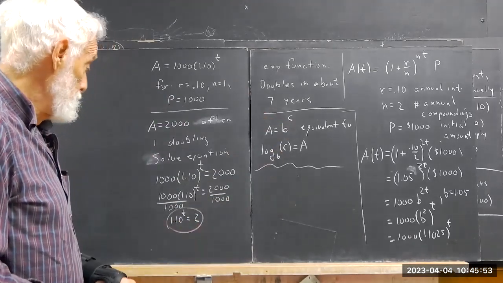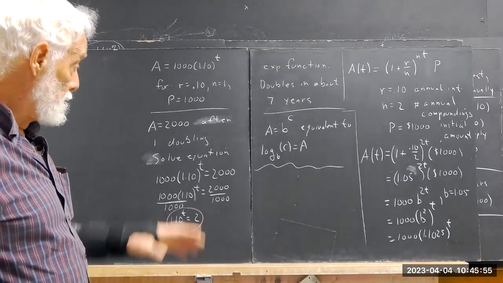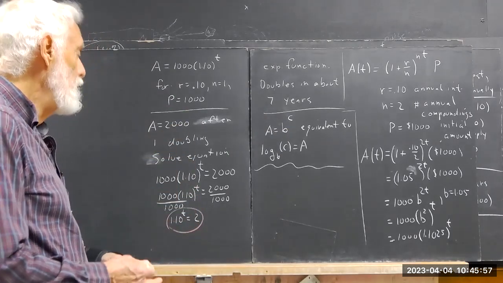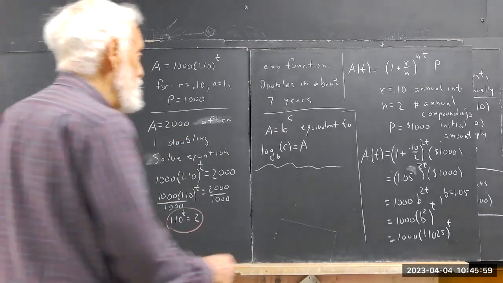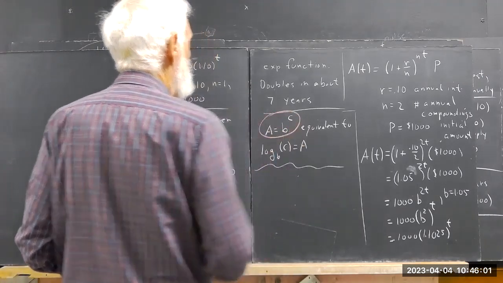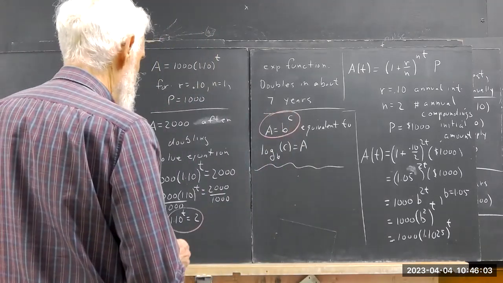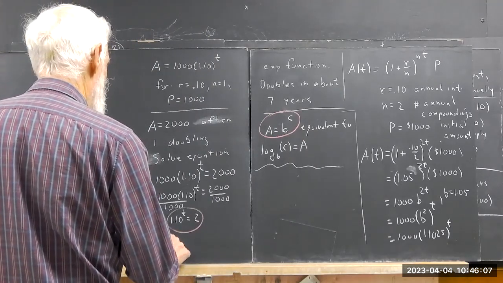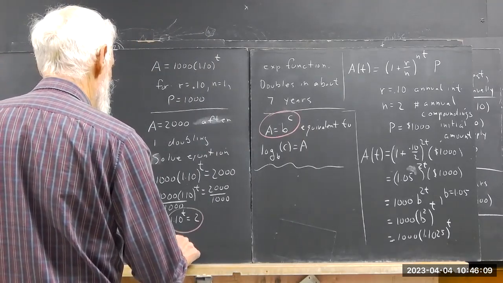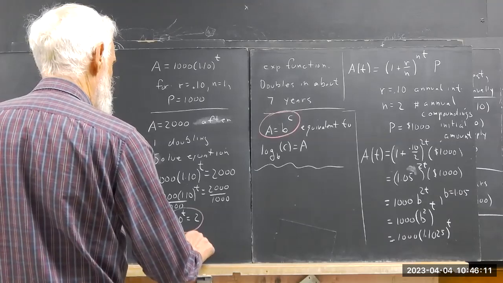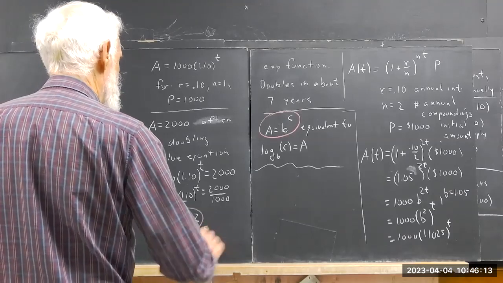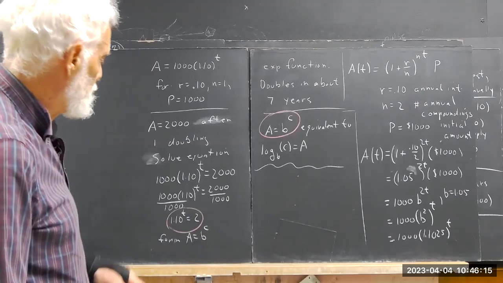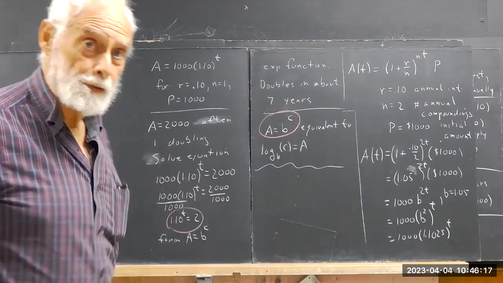You've got to see that, whether you totally understand what I just said. So this is the form a equals b to the c. The comment was, look at a equals b to the x.